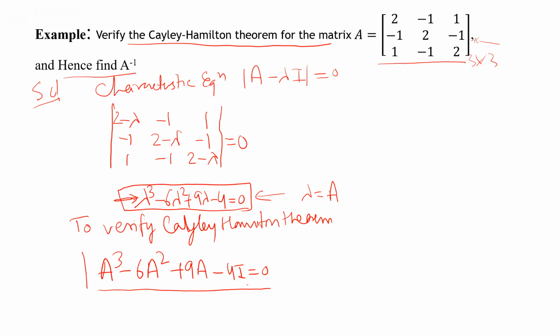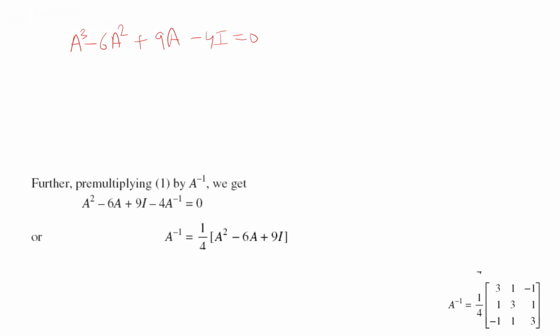So now we have to verify whether this equation is satisfied or not, meaning the left hand side should equal the right hand side. So we take the left hand side, find A cube, A square and A, put them in that equation, and check whether it equals the 0 matrix or not.